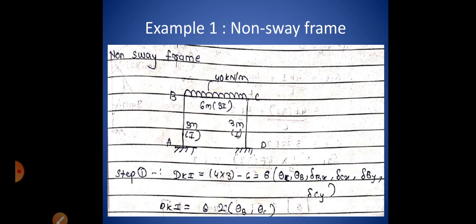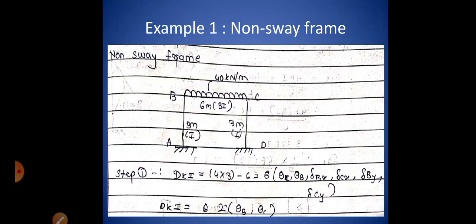Okay, so what are the identification criteria for identifying a frame as sway or non-sway? We will see one by one in this example. Column AB and column CD, the height of both these columns is the same. Second, the type of supports A and D is identical.